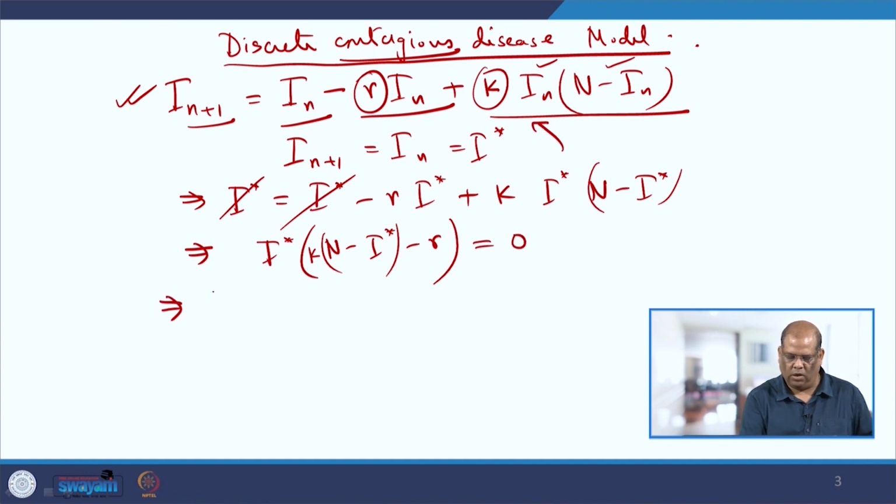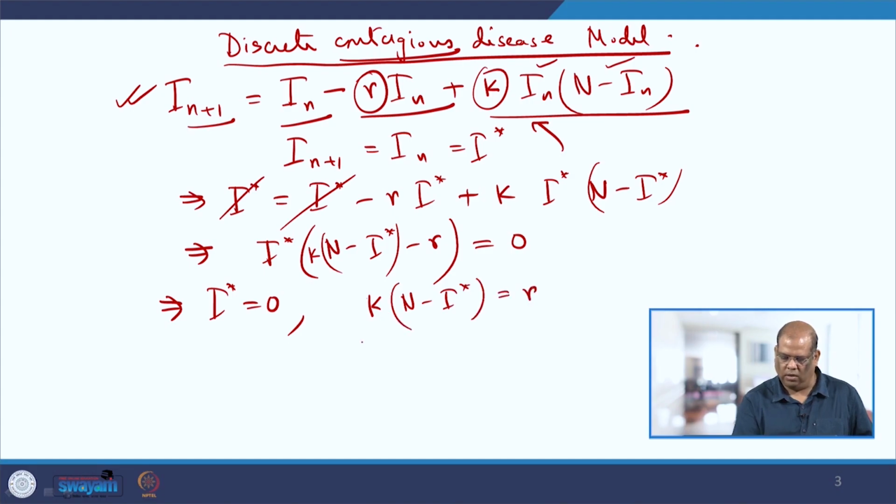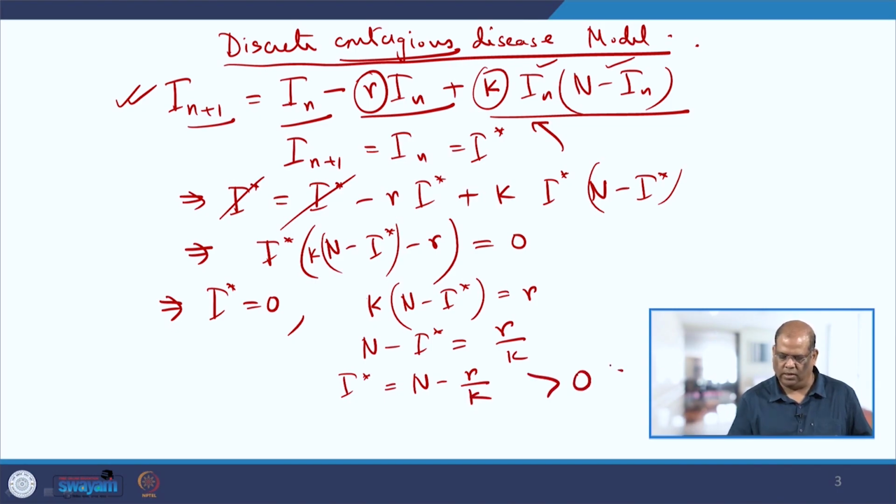So, one of the solutions is clearly I star equal to 0, and the other is k times N minus I star equal to R. So, N minus I star equal to R by k, and I star is equal to N minus R by k. And since this is a population, this should be greater than 0.